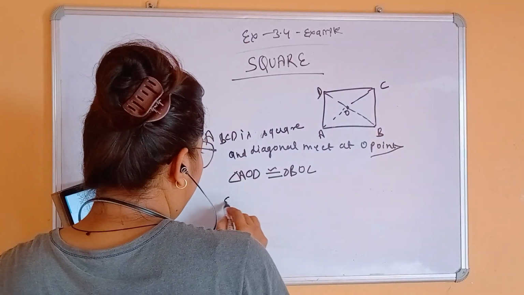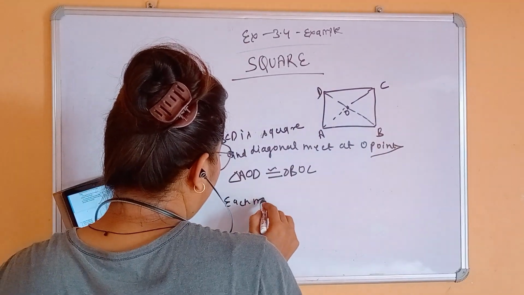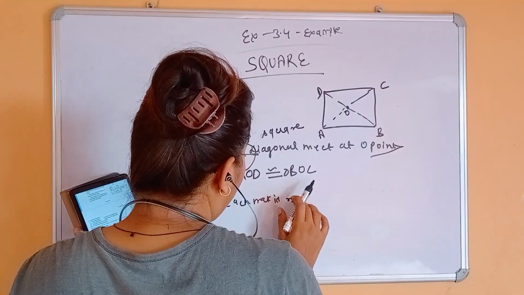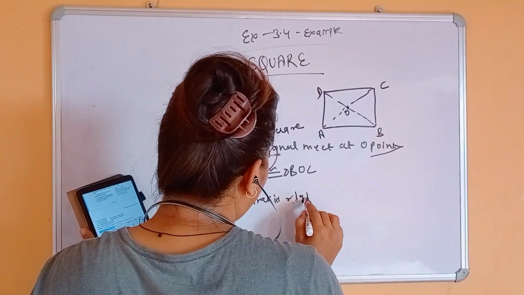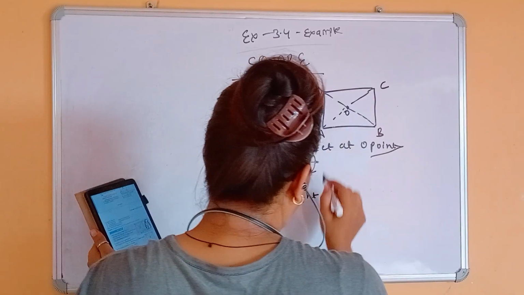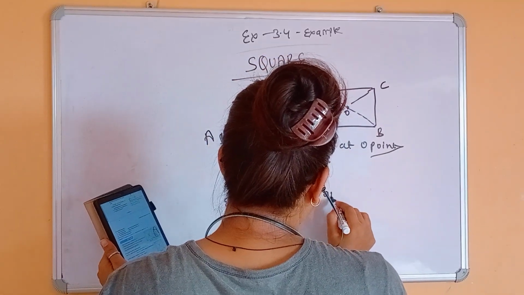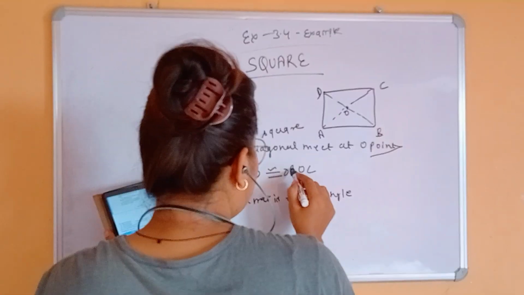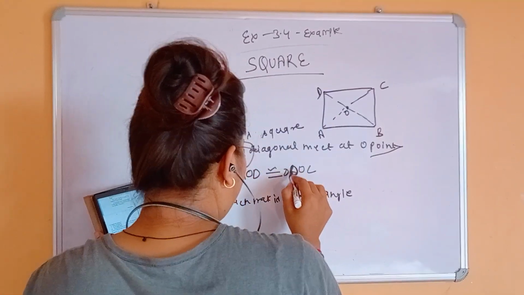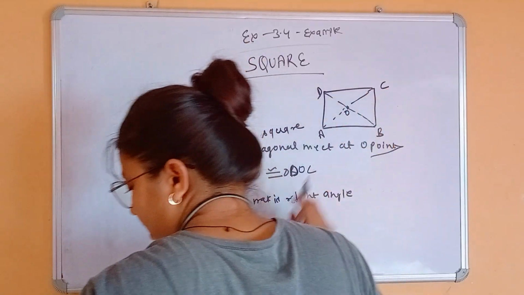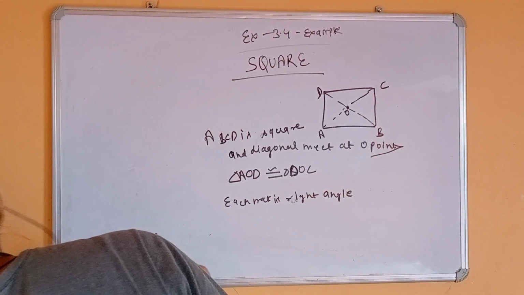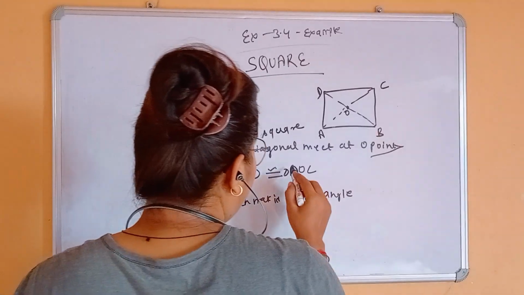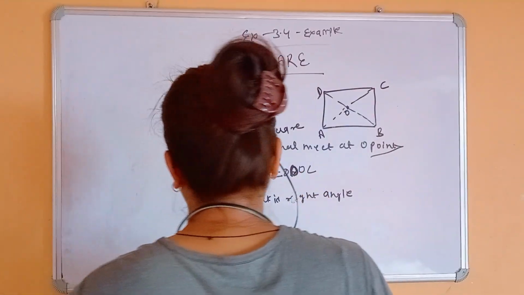In your book it says diagonal; here we write side property. Right angle, you can also write COD.